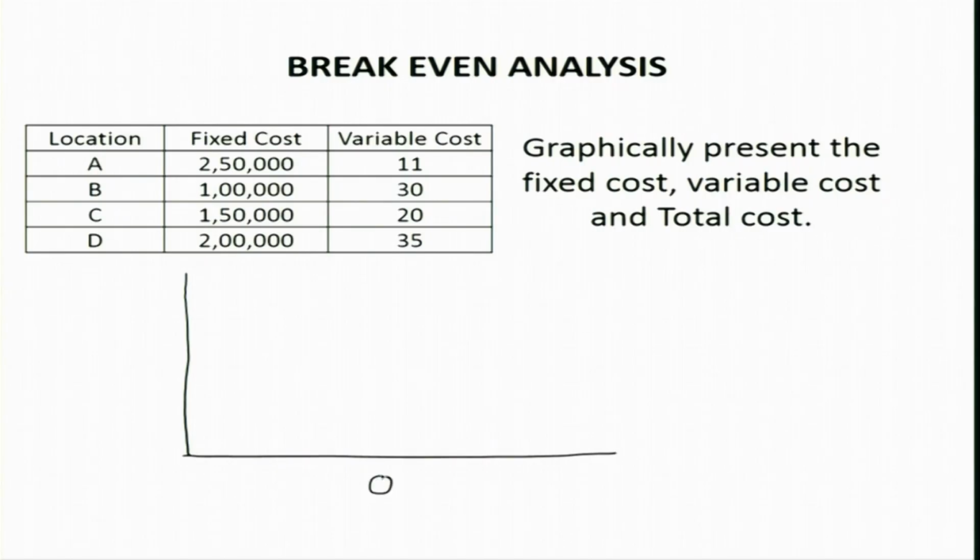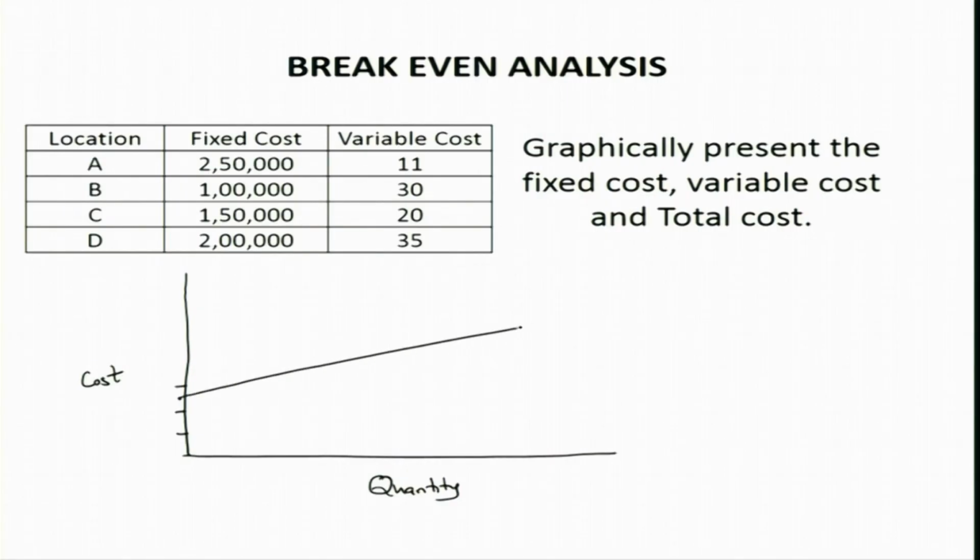On this side is quantity, on this side is cost. Alternate A, let us draw some kind of a scale here. This is let us say 1 lakh, 2 lakh, 3 lakhs. Okay. So, alternate A, 2.5 is the fixed cost and 11 rupees is the variable cost.